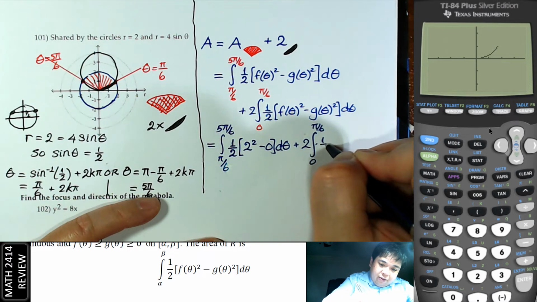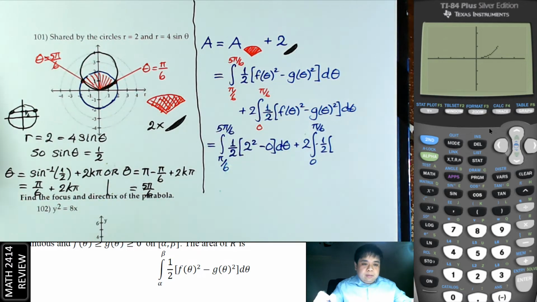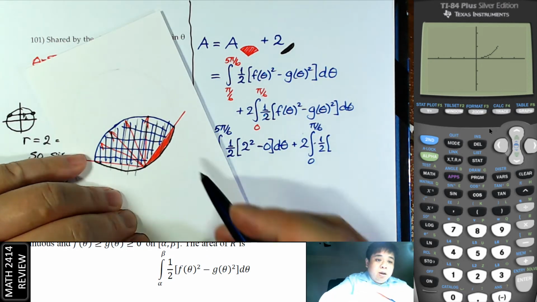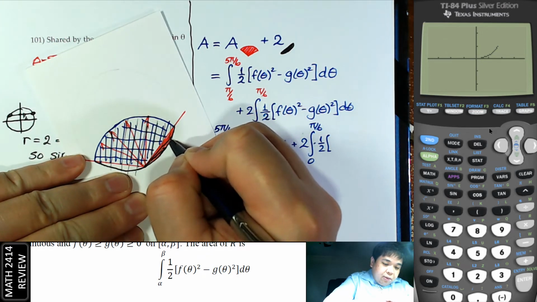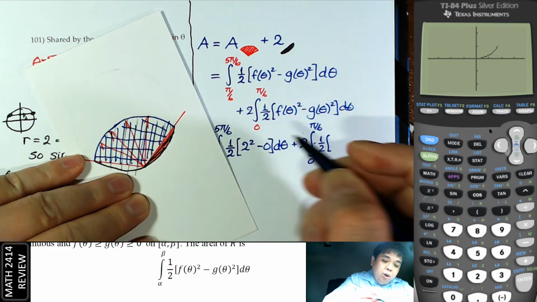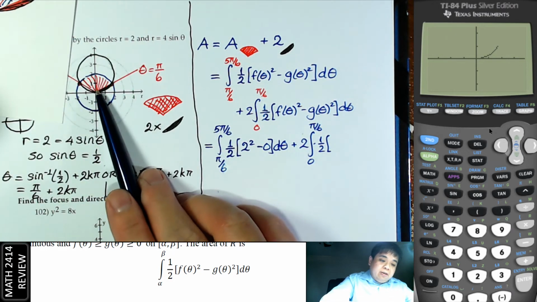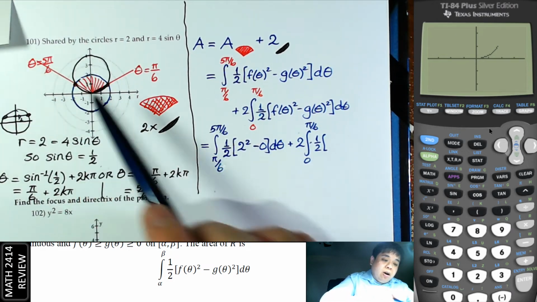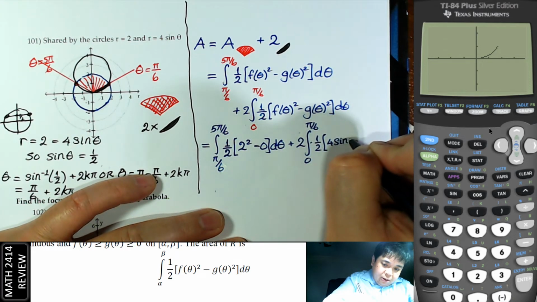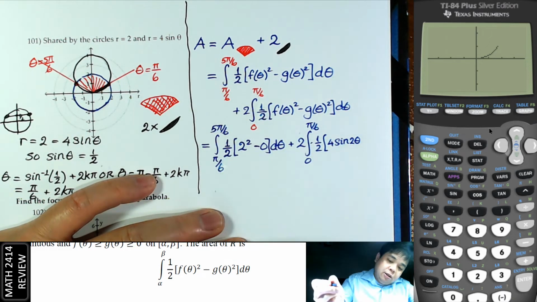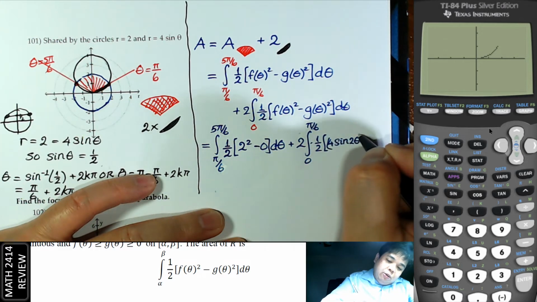There's 1/2. Now, for that sector from the center looking out, we only see the graph of the circle on the top. And we square that.